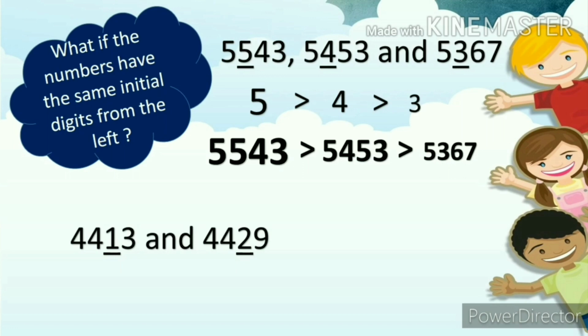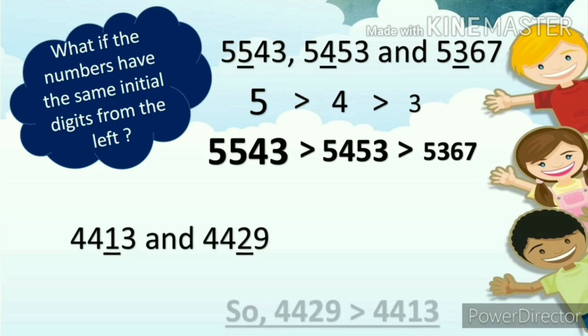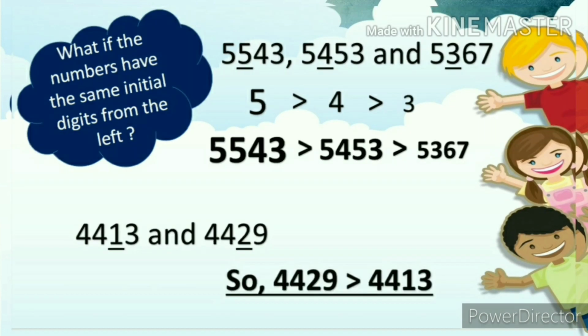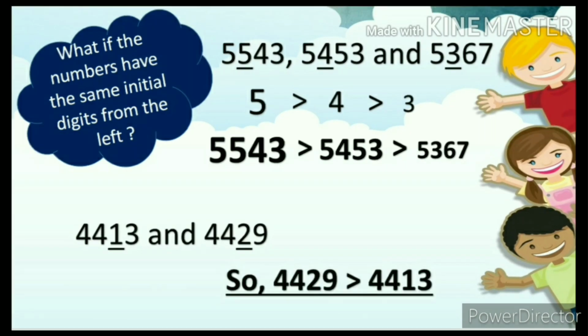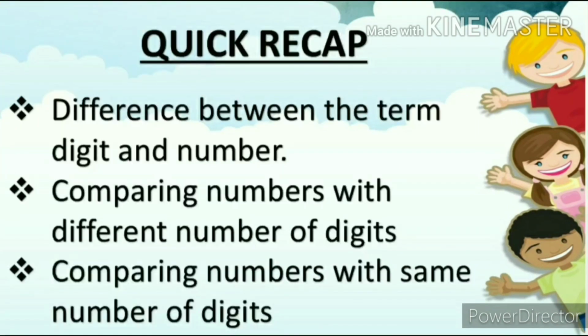So, we can say that 4429 is greater than 4413 because 2 is greater than 1, and that makes the number 4429 the greater number.